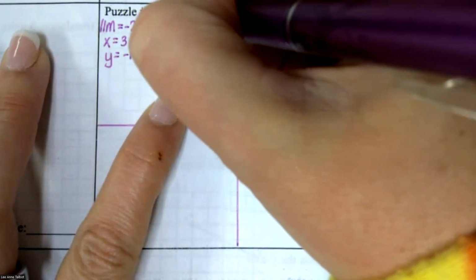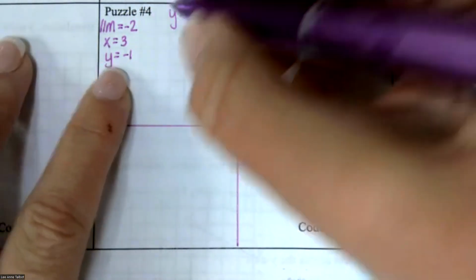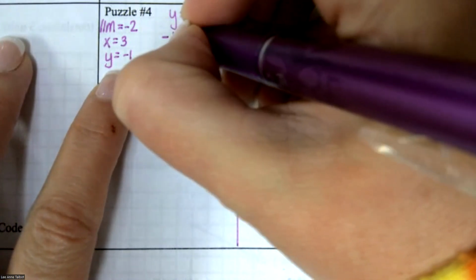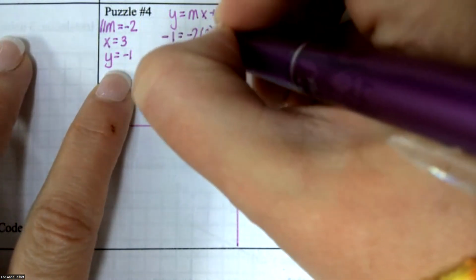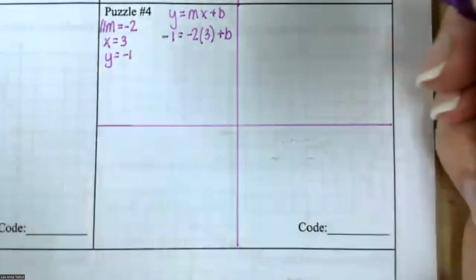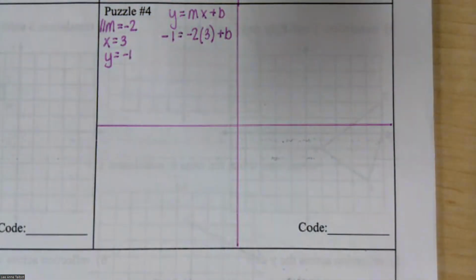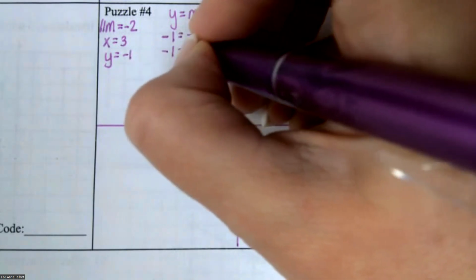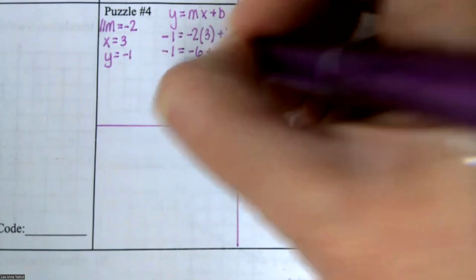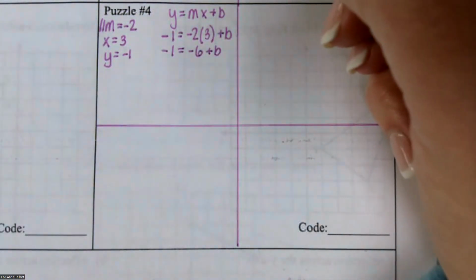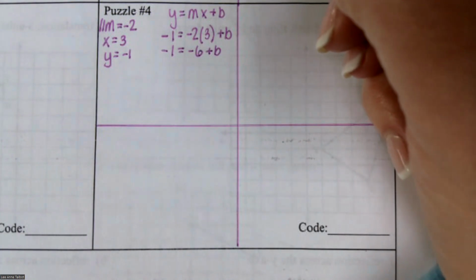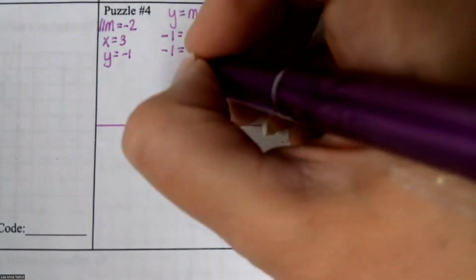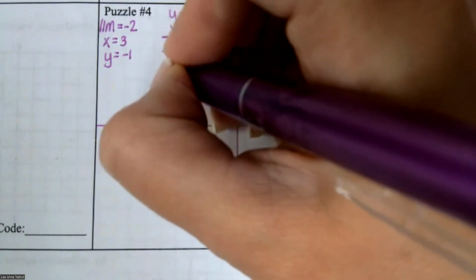Y equals mx plus b. -1 equals -2 times 3 plus b. -1 equals -6 plus b. Add 6.